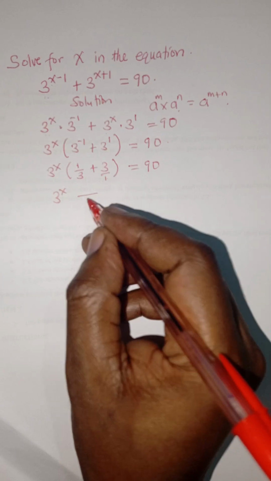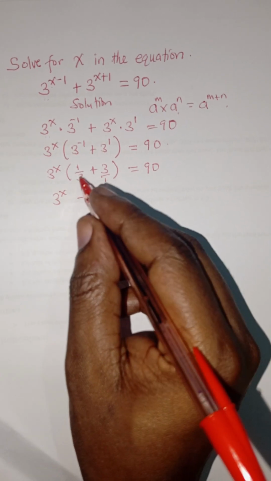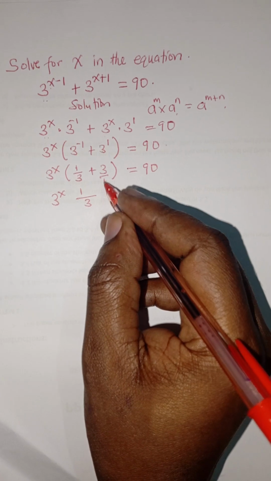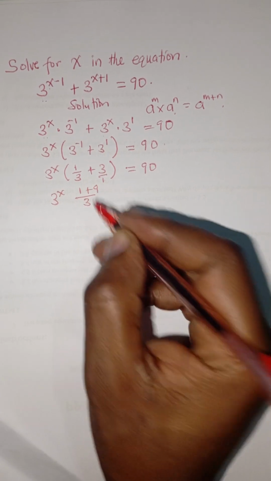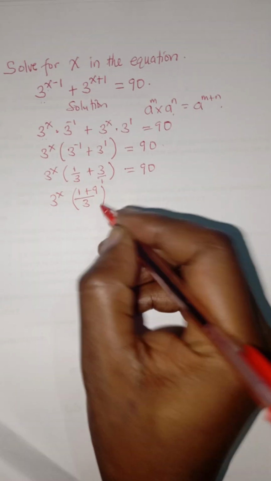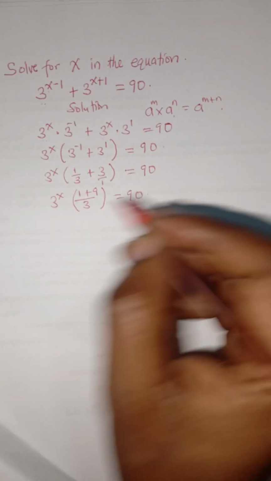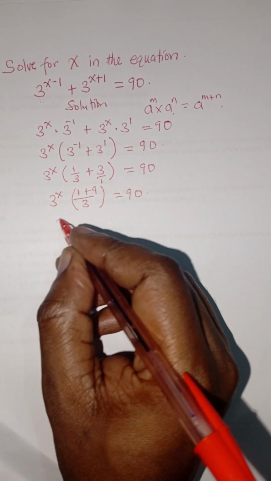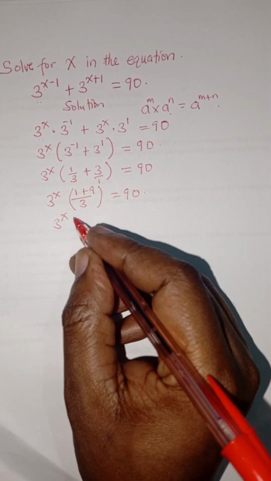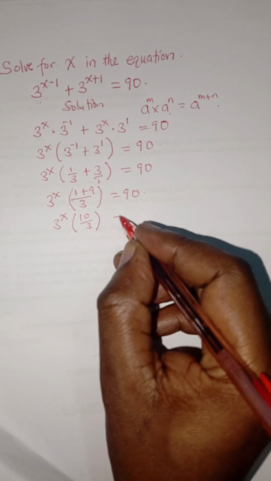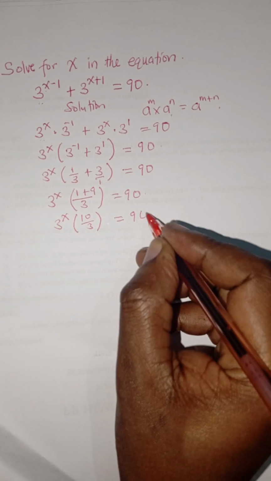Get the LCM, which is 3. So here I'm going to have 1 plus 9. If I have that equal to 90, I will now be having 3 to power x into bracket 10 over 3 is equal to 90.